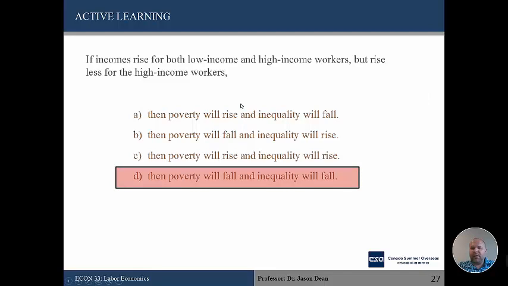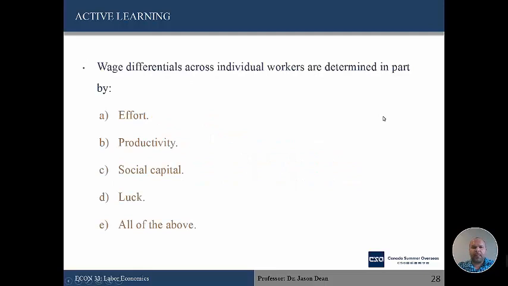Lower income workers' incomes are increasing more than the higher income workers', so of course things are becoming more equal.